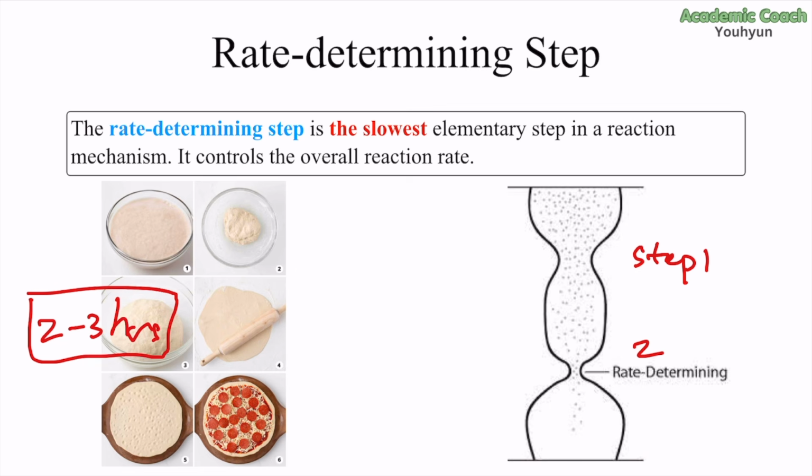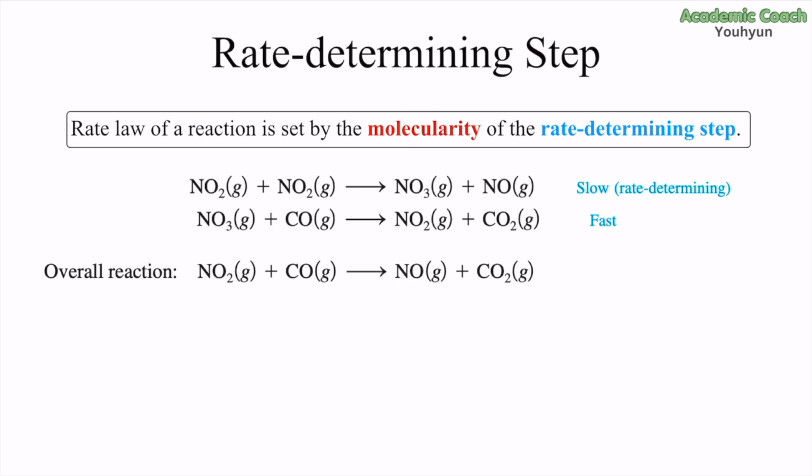When it comes to step number 2, only a few particles pass through at a very slow rate. So how fast these particles can pass step number 2 really determines the rate, or the speed, of this chemical reaction. So the rate determining step is so important because it controls the overall reaction rate.